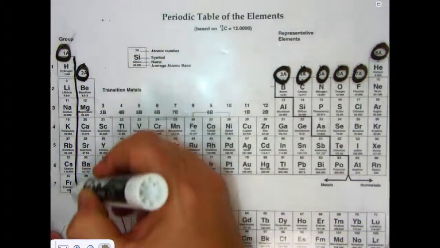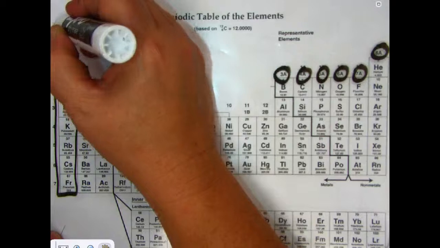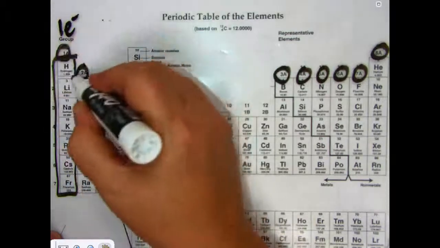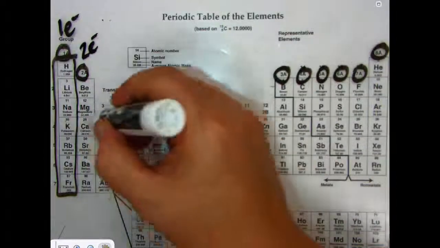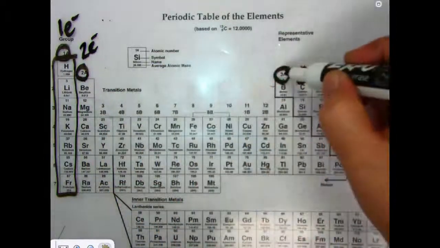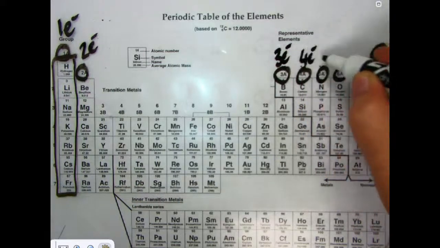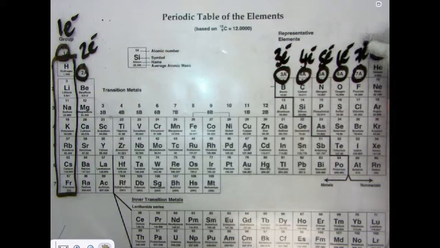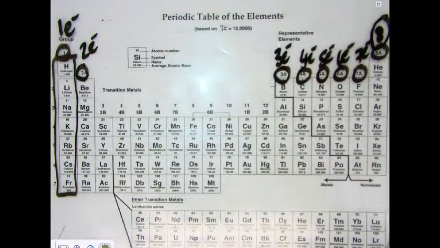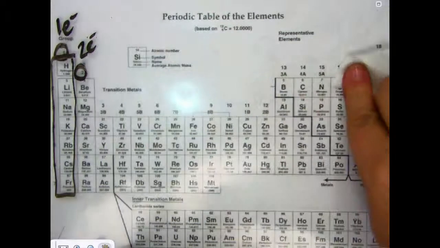So in this column, all of these elements have one electron in their valence shell. All of these elements in 2A have 2 electrons in their valence shell. And then you got to skip all these ones and come up here to 3A. There's 3 electrons in the valence shell, 4 electrons, 5, 6, 7, and then 8. And these are the guys that are happy because they have their valence shell full. So they don't want any electrons, and they don't want to give away any electrons.